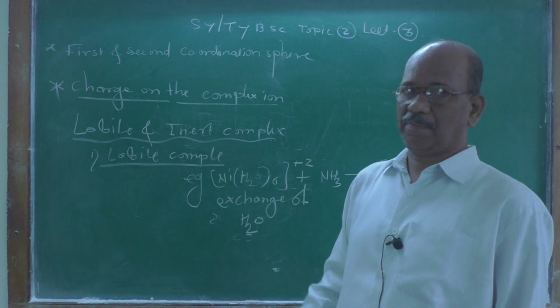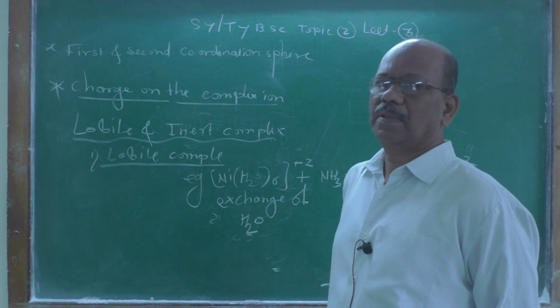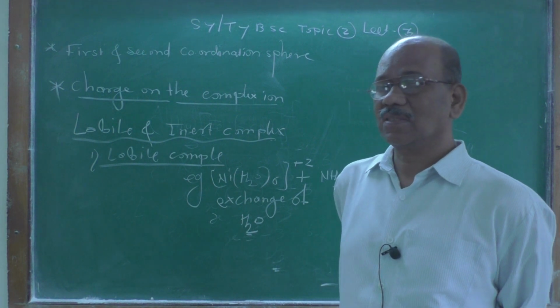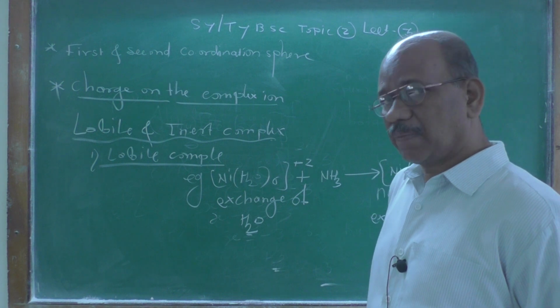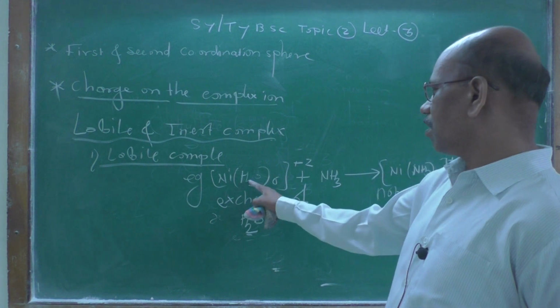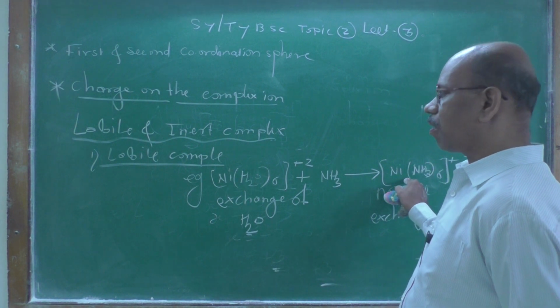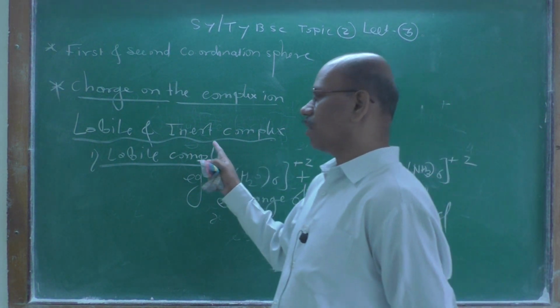So labile complexes are those complexes in which exchange of ligand takes place, means it is unstable, that's why it is called labile. But if we consider the ammine complex of nickel, the ammine ligands do not get exchanged, so it is a stable complex. So the exchange of ligand does not occur in this complex, so it is called an inert complex.